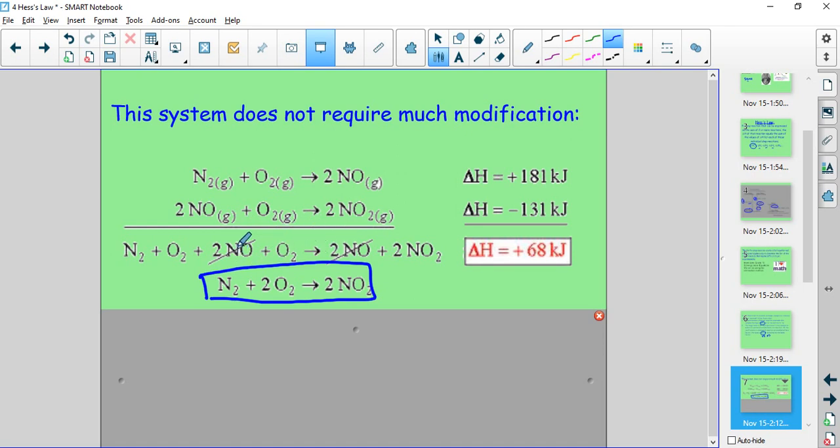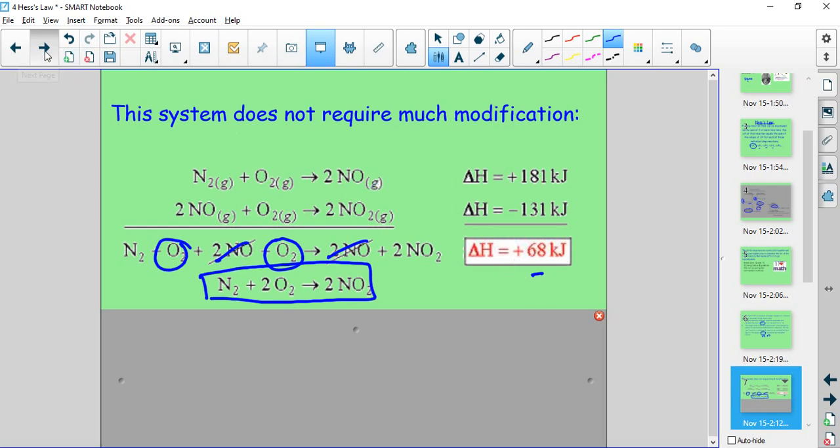They have to be exactly the same. So notice 2NO is canceled out here. There are two oxygens, one here, you add them together, you get two oxygens. So the final reaction is this, and these are the individual steps. You then also add enthalpies, just like you did your reactions, and you get 68 kilojoules as the enthalpy of the reaction.